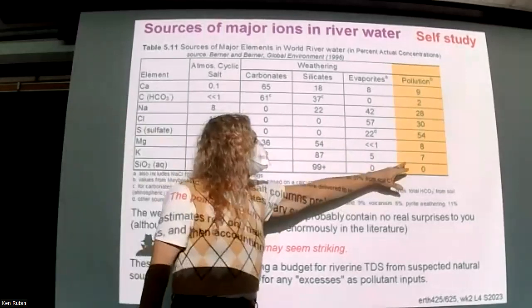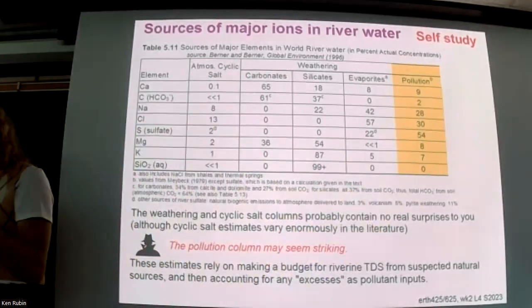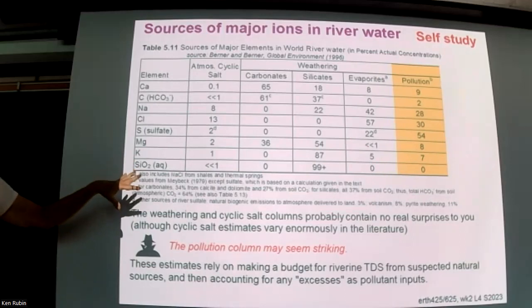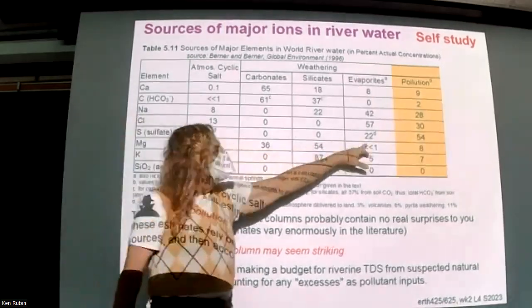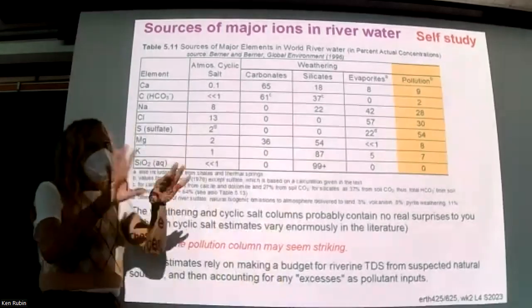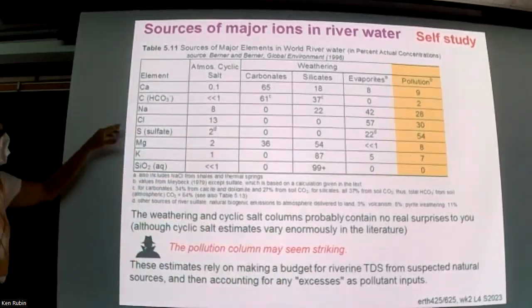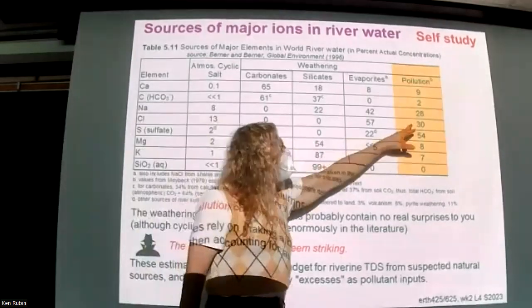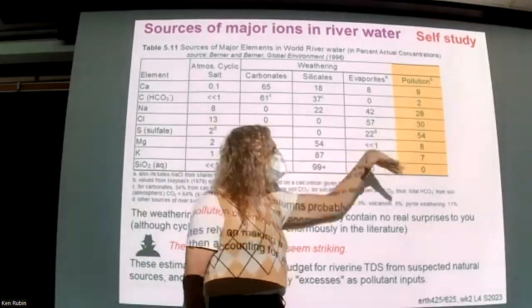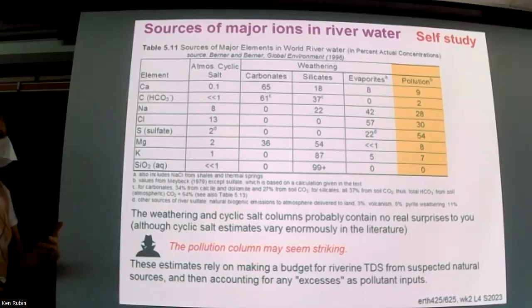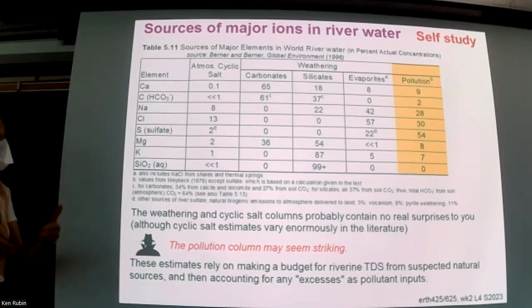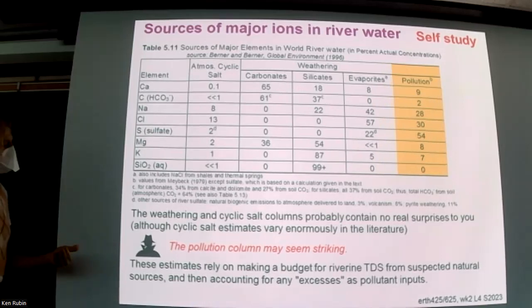And then this final table, which says pollution, meaning in this particular author's estimate, humans have basically doubled the amount of sulfur in water on average coming out of rivers. And we increased by about 30%, 33%, something like that, the sodium and the chloride. This is that process I was explaining to you about human activities in sodium and chloride.